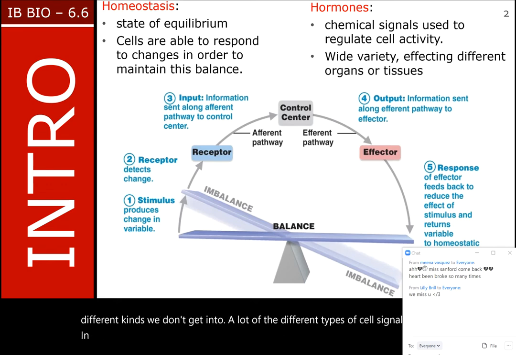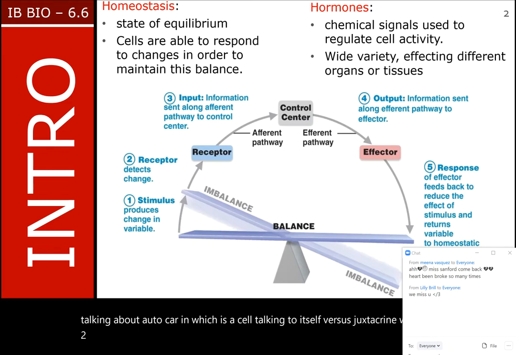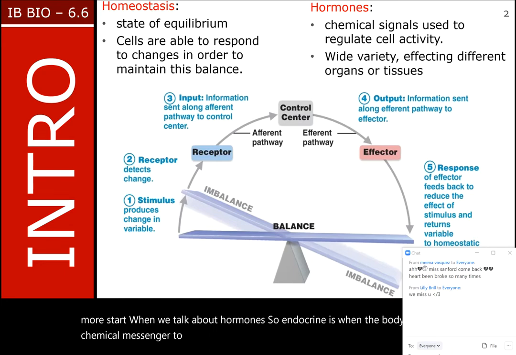If you're taking AP biology courses, they spend a lot of time talking about autocrine, which is a cell talking to itself, versus juxtacrine, which is two cells talking next to each other, paracrine, and then endocrine. And endocrine is when we talk about hormones. Endocrine is when the body uses a chemical messenger to send messages over a long distance and over an extended period of time, right? So long distance communication.